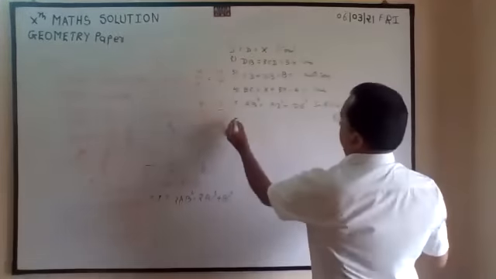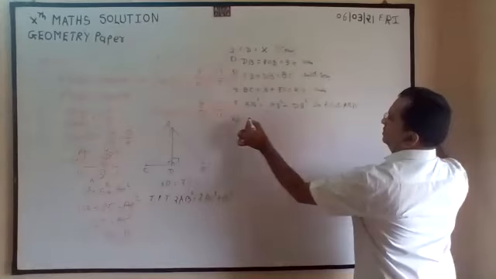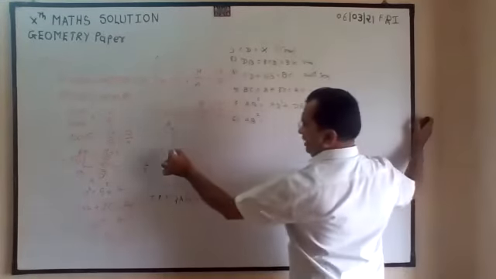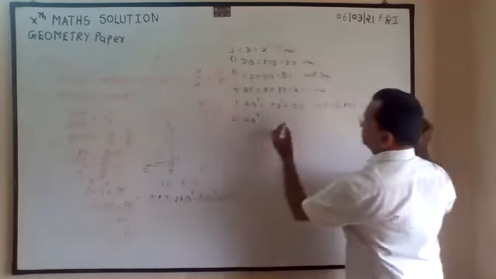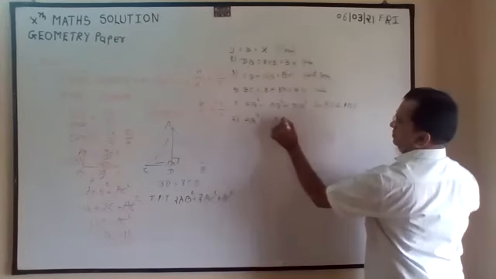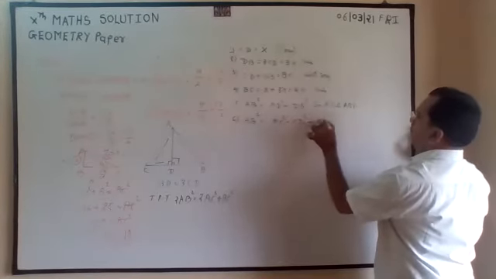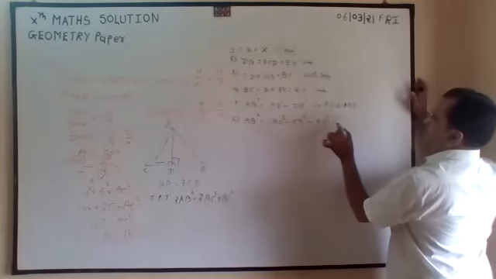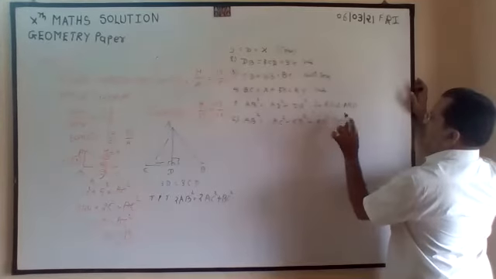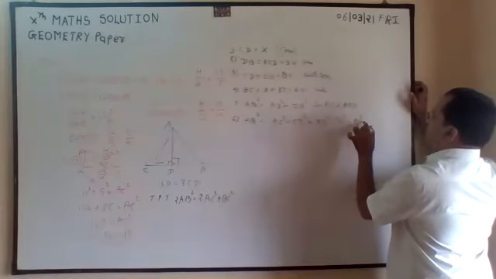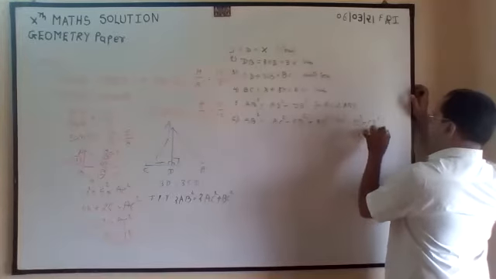Now AD square is equal to AC square minus CD square, in right angle triangle ADC. What we have taken is AD square is equal to AC square minus CD square.